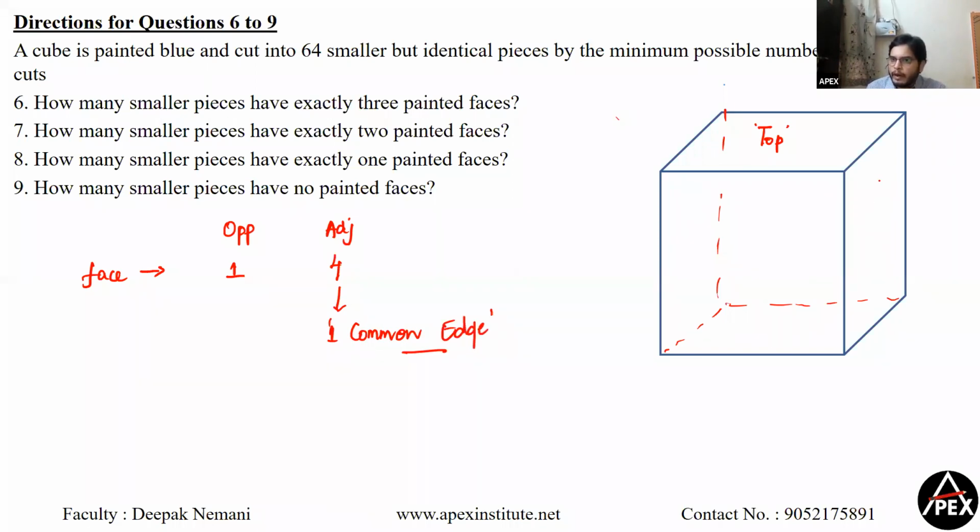For top face and right face, you have this edge common. For top face and left face, this edge. Top face and front face, this edge. Top face and back face, you have this edge common. But for opposite faces, you will have no common edge. So top face and bottom face are opposite to each other. Clear, guys? Perfect.